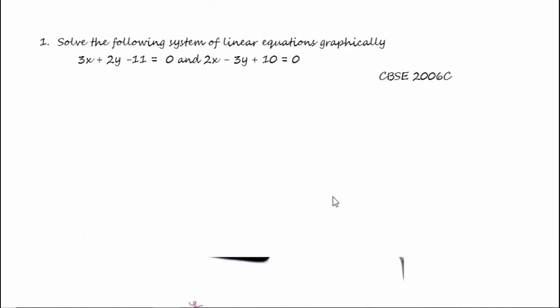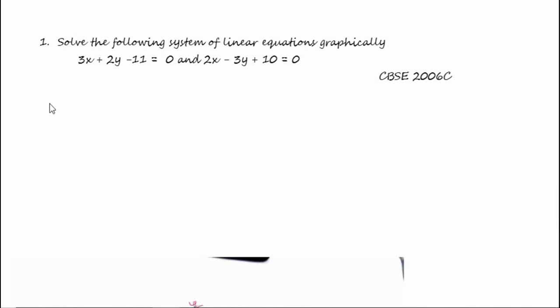Now let us solve a problem. Solve the following system of linear equations graphically: 3x plus 2y minus 11 equal to 0 and 2x minus 3y plus 10 equal to 0. So we have to draw a graph and solve these two linear equations.